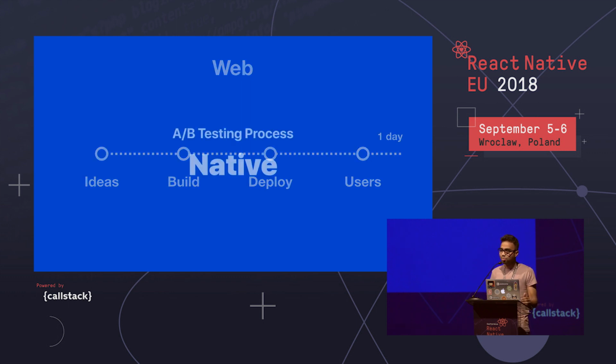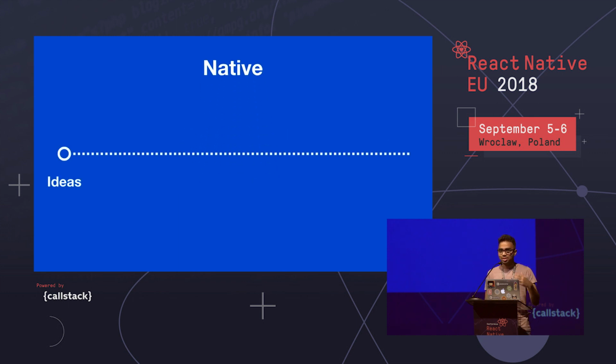But in native, it's more frustrating because let's say the process starts at the same time. In the morning, you have an idea, you build it. By afternoon, you have already built the feature, but then based on your company's policies, it could be a 1 week to 2 week app submission cycle.